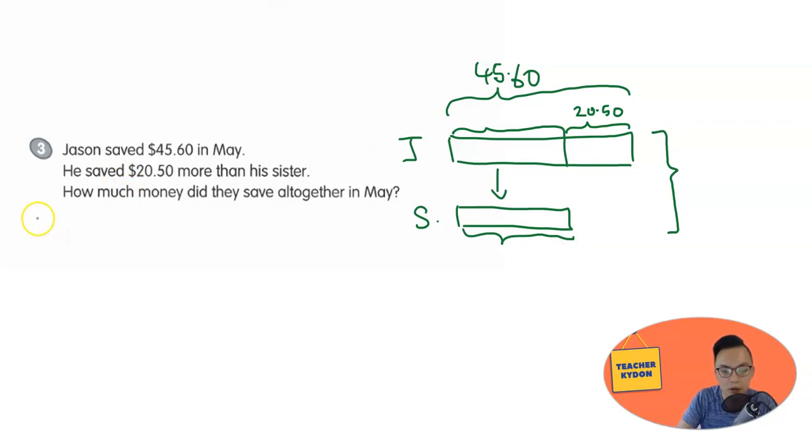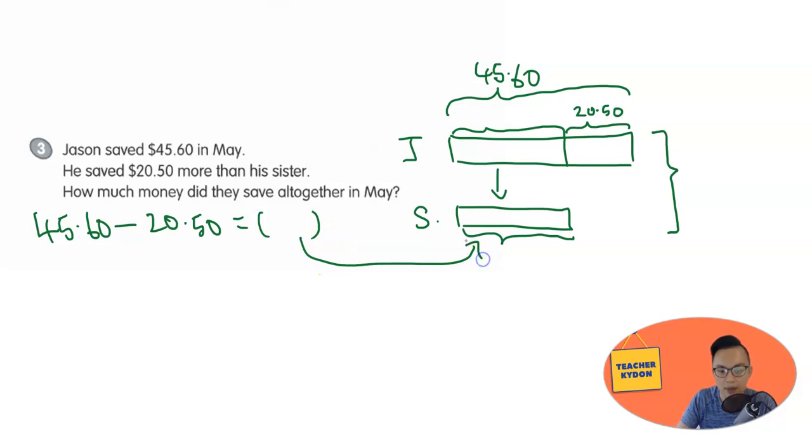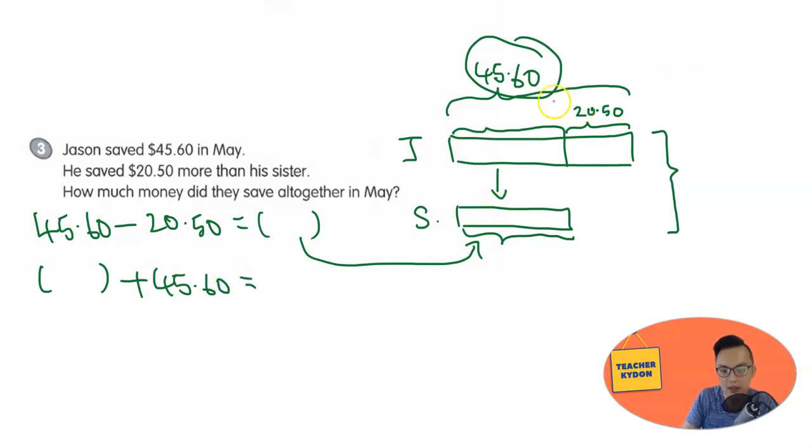So you need to take $45.60 minus away $20.50. Then you get your answer. And this answer, let's put a bracket. This answer is actually the same as the sister. And then after that, you need to take this answer plus this amount. Okay, $45.60. Because altogether, so you know Jason did $45.60, right? Sister did this amount. So you just add them up, and then that will be your answer.